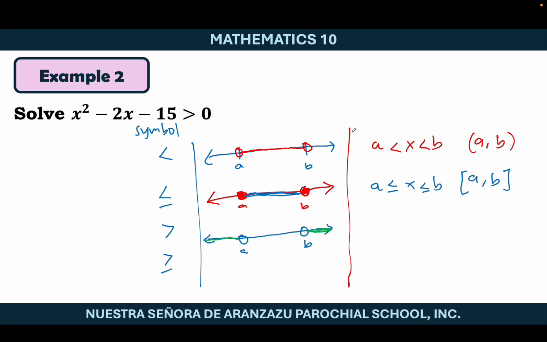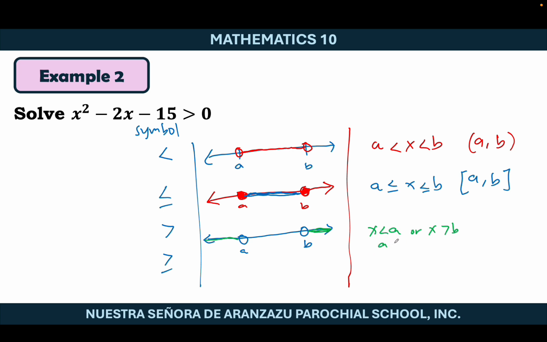Okay? Then, kapag sinulat natin yung solution set natin, your x is less than your A, or x is greater than your B. Or pwede ring sundan ulit yung ganitong ginawa natin kanina.